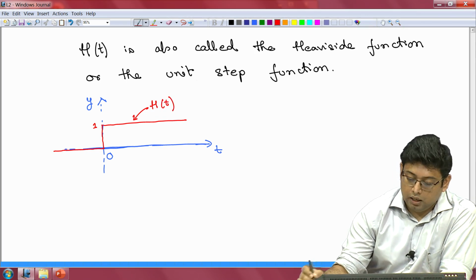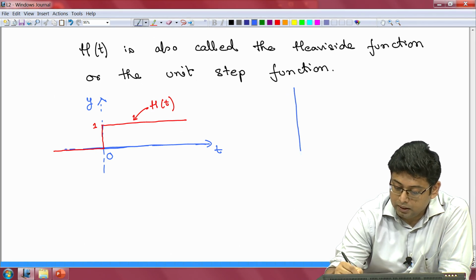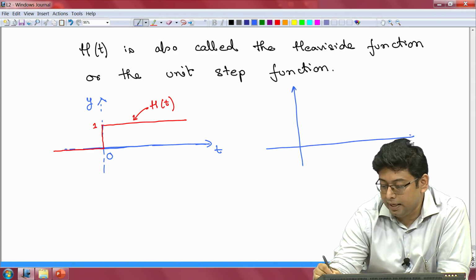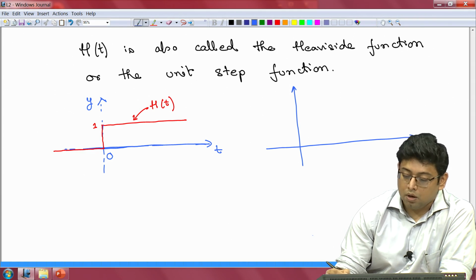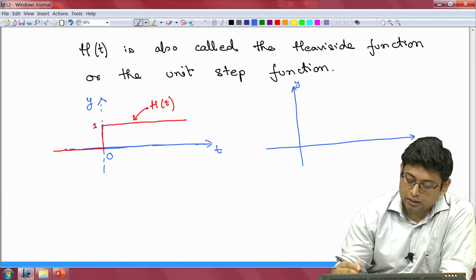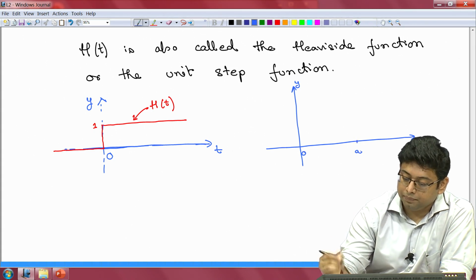Now, since we are doing this graphical representation, we might as well continue and just quickly look at what h(t minus a) looks like. So, this is t, this is the y axis, this is your 0, and somewhere here is a.